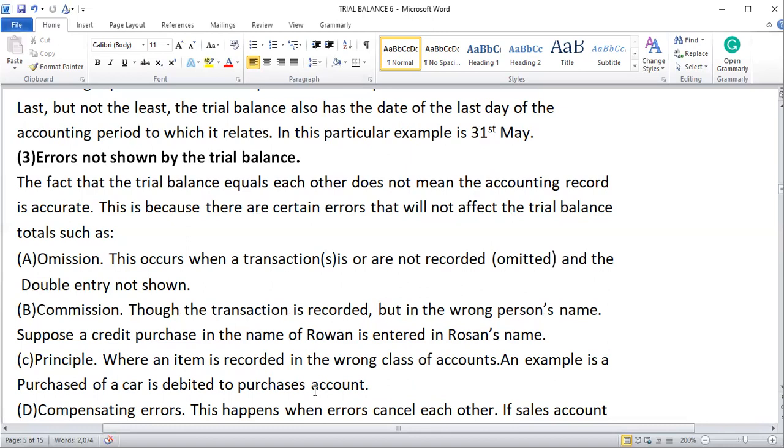But when the debit entry has been recorded in the purchases account, once the cash account has been credited and the purchases account also has been debited, the double entry has been carried out. The trial balance will still balance, but the entry has been made in the wrong class of accounts.